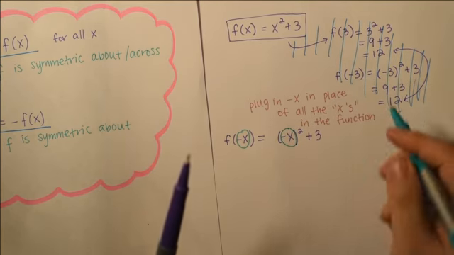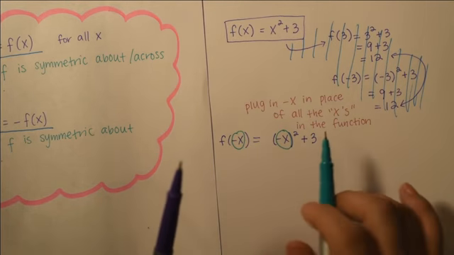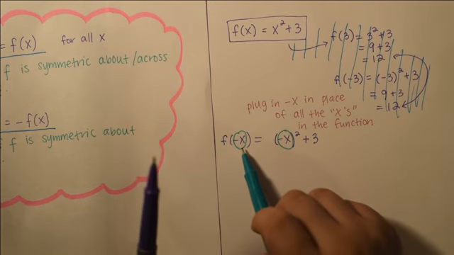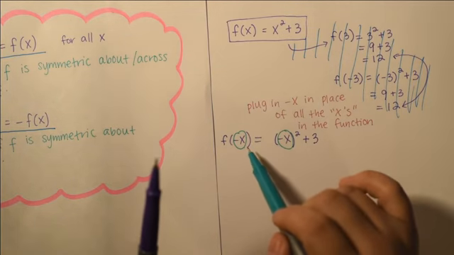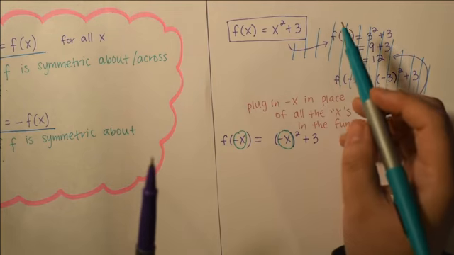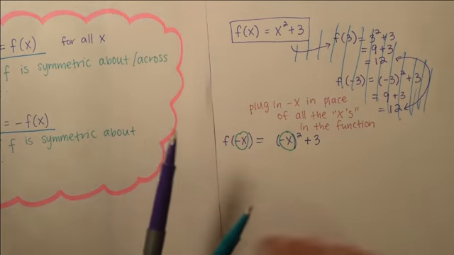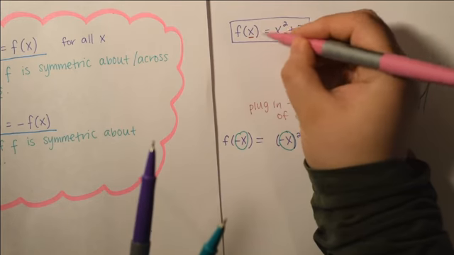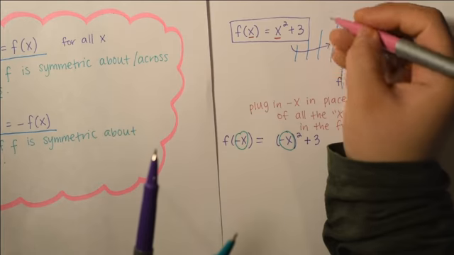Okay? So I think what gets tricky here sometimes, and just ignore this if you never get confused by this, is that this x is not this x. People might be like, oh, negative x, so I'll just put a negative x squared like that. But this x is like a placeholder, okay? Like, this is just f of any input, f of stuff equals that thing squared plus 3.